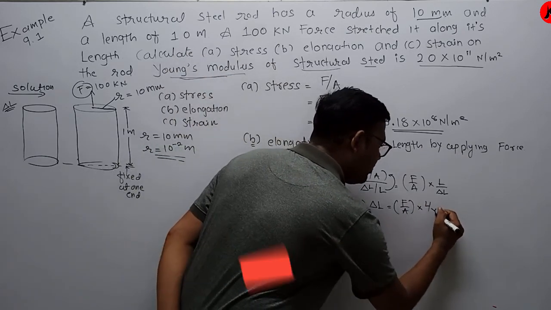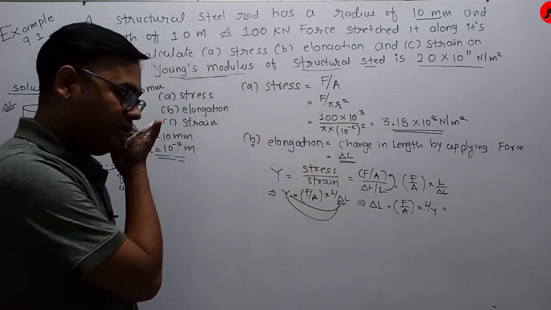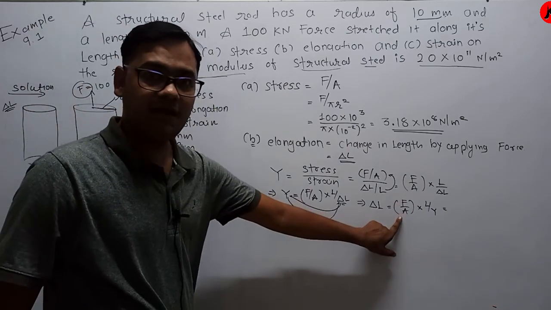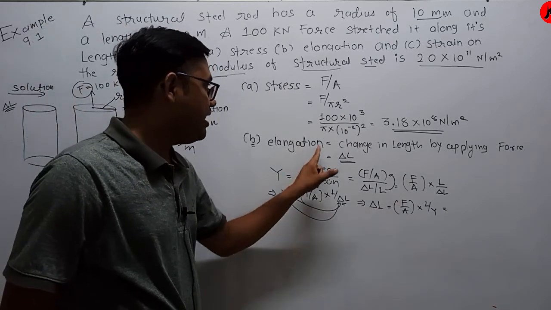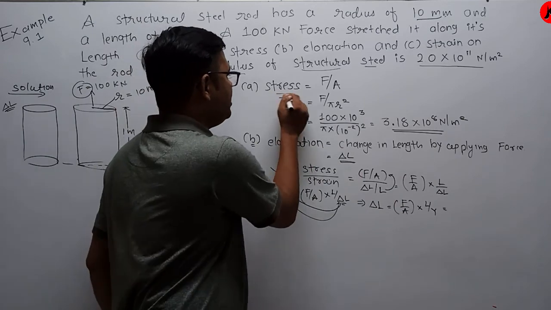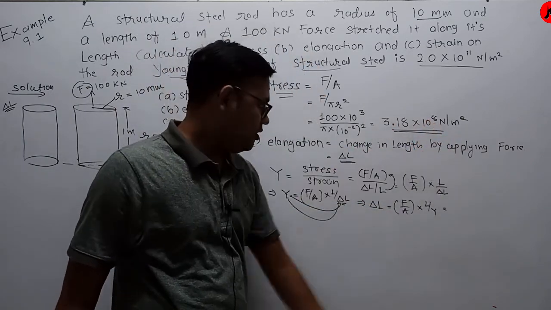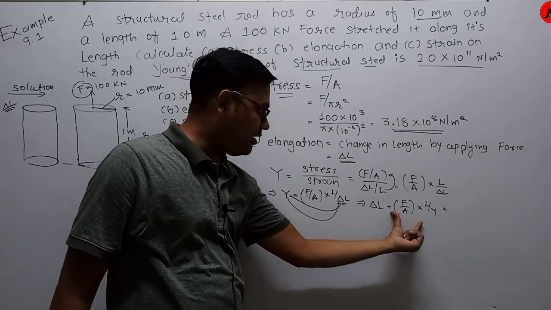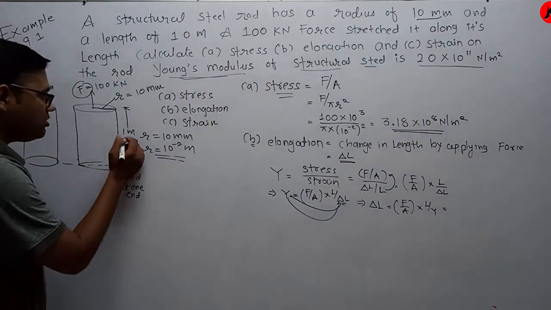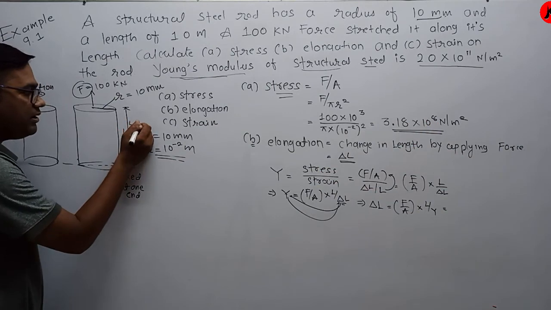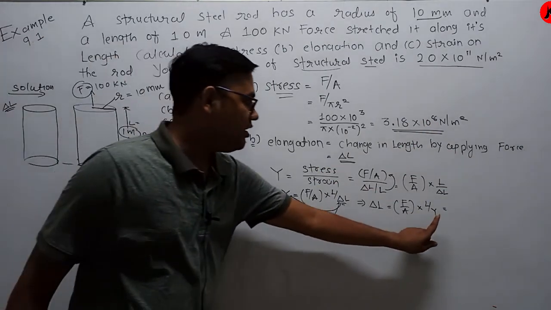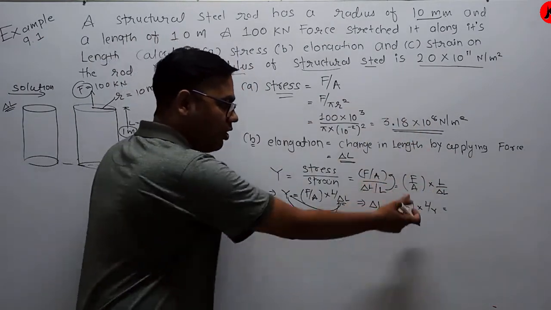by Y. And here F by A is nothing but stress, and we have already calculated the value of stress, which is 3.18 into 10 raised to 8. So put the value of F by A over here, and the length of the cylinder, which is already given as 1 meter. Young's modulus is also given, so put all the values.